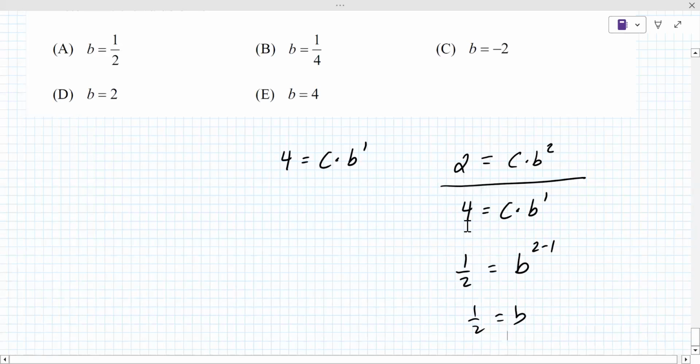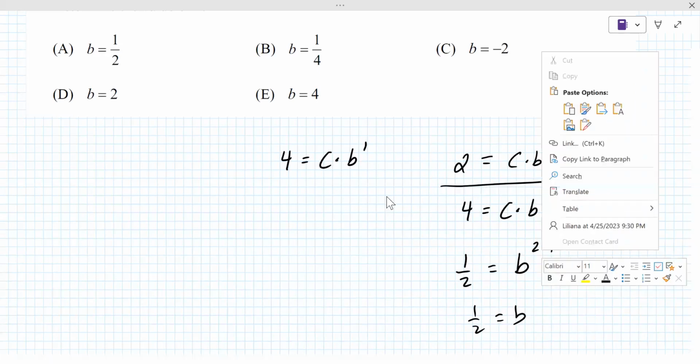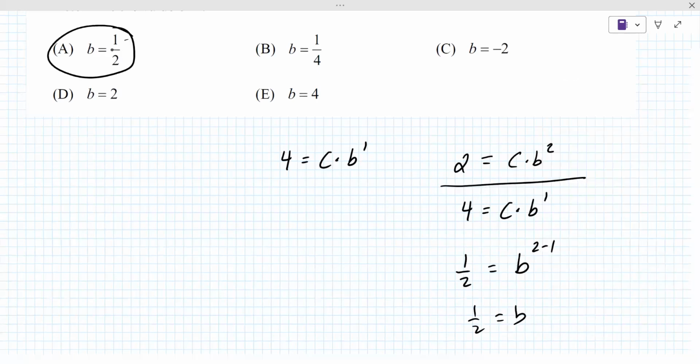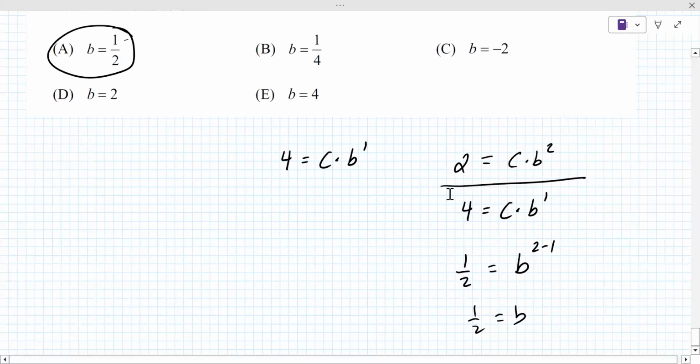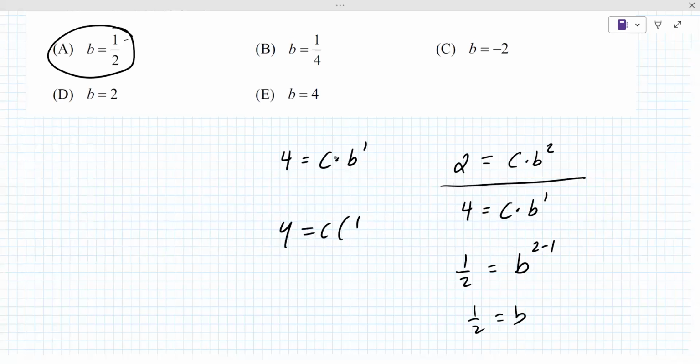It's a shortcut, just dividing. I generally choose the higher exponent on top because it's easier when you subtract. That's only B. If you had to find C, you would use one of the equations and solve for C. Like if you use this first one, just in case you'd use that to find C, C would end up being 8.